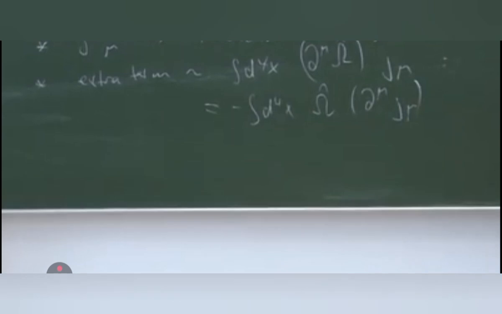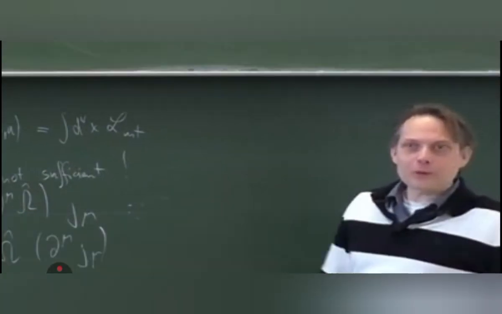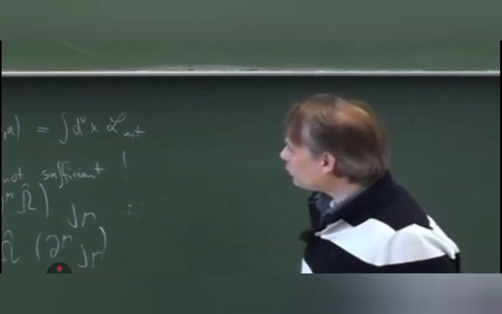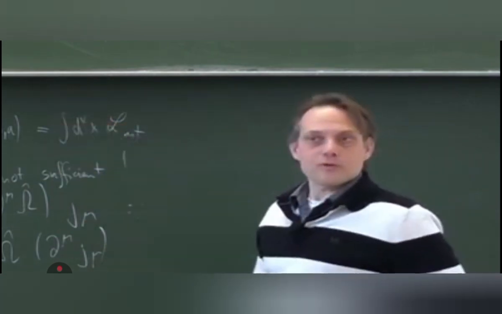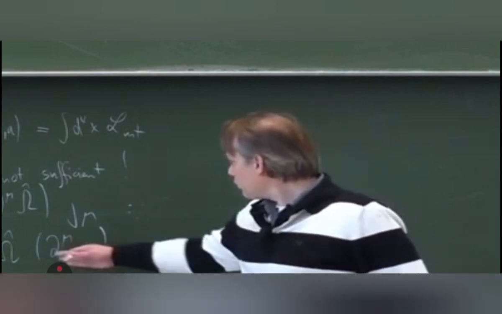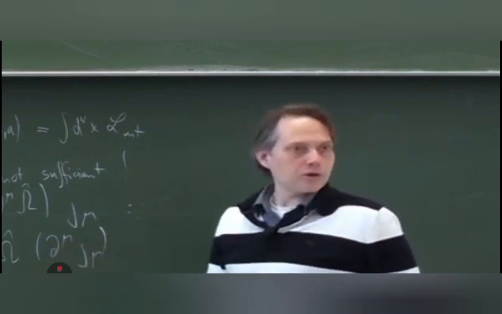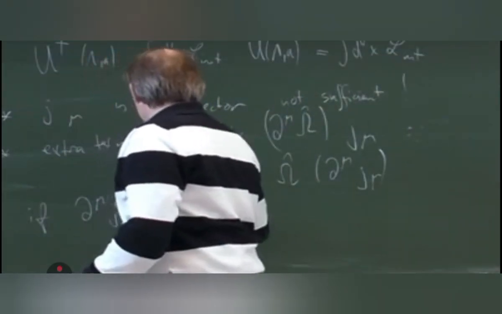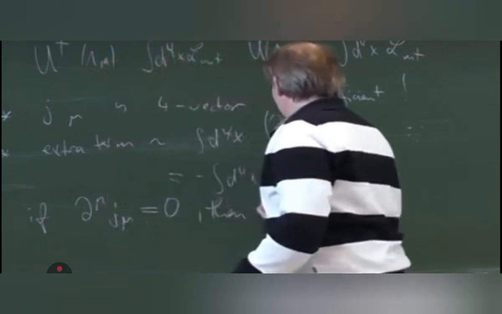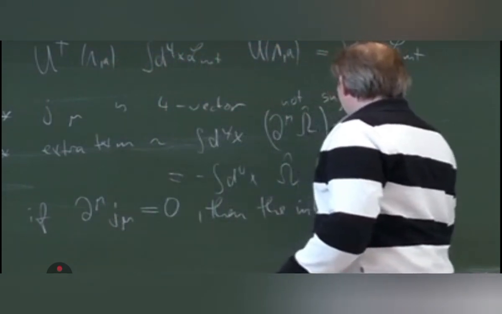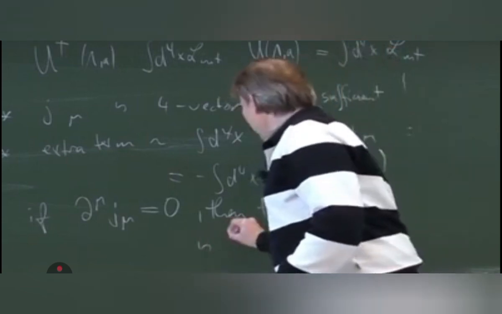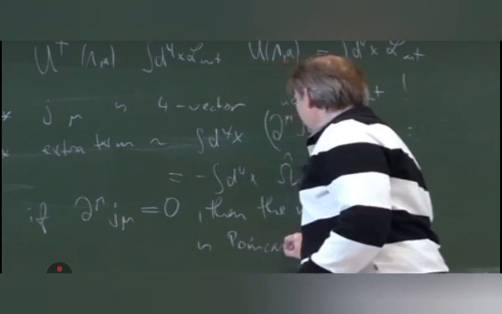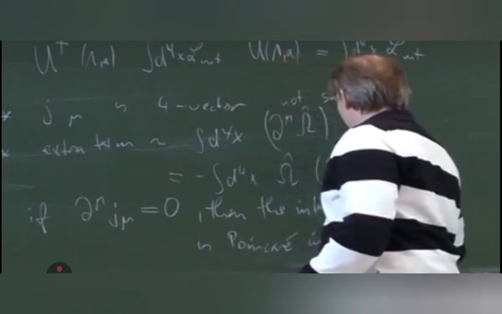Therefore, as you probably expected, we end up with the same requirement as before, namely the interaction is Lorentz invariant if the coupling is to a conserved current where d mu J mu is 0. So if d mu J mu is 0, then the interaction is Lorentz invariant.